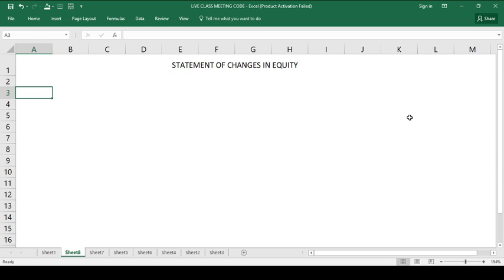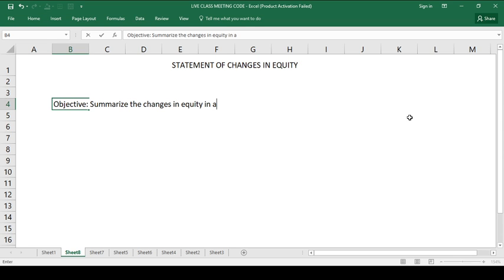This is a financial statement whose objective is to summarize the change in equity for a given period of time.